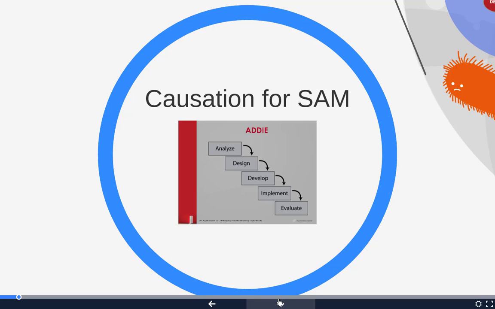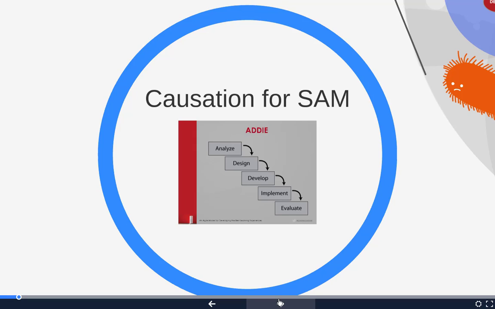So there had to be some sort of causation for SAM to occur, and that causation was, in fact, the Addie model. When instructional design started to leave educational technology and the field tried to transform into its own entity, you had all these models, and you had theorists and individuals putting things together on the way learning environments worked, how to get a project done, and so on and so forth.